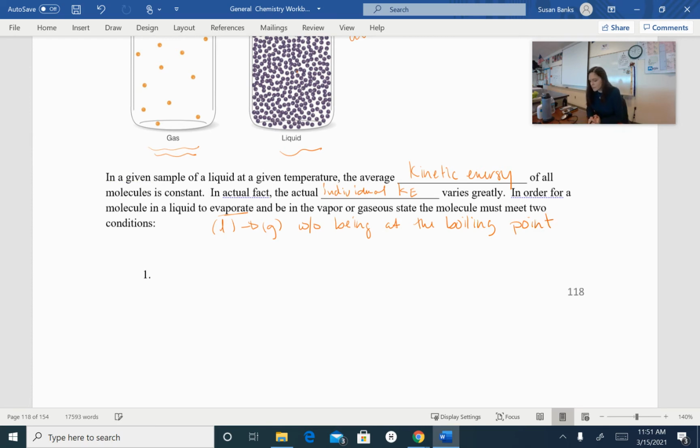Okay? So there are two things that a molecule needs to have in order for it to vaporize or evaporate. The very first thing that a molecule has to have in order for it to be successful in changing from the liquid state to the gas state is it needs to be on the surface of the liquid.